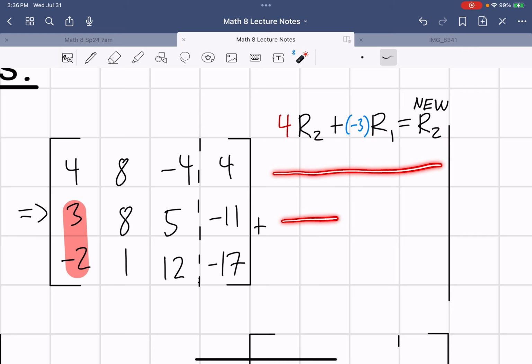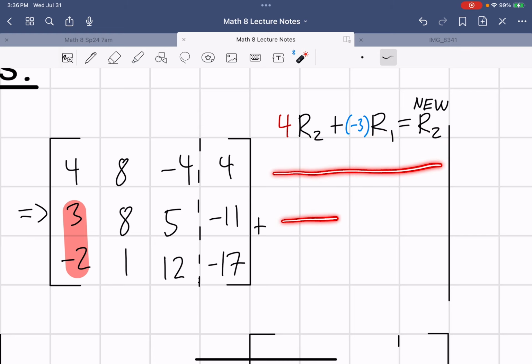And then if you notice, that first term is going to become 0. And that's what I was looking for. But doing this does change every other value. Now remember, I'm not changing my first row. This is my new second row.